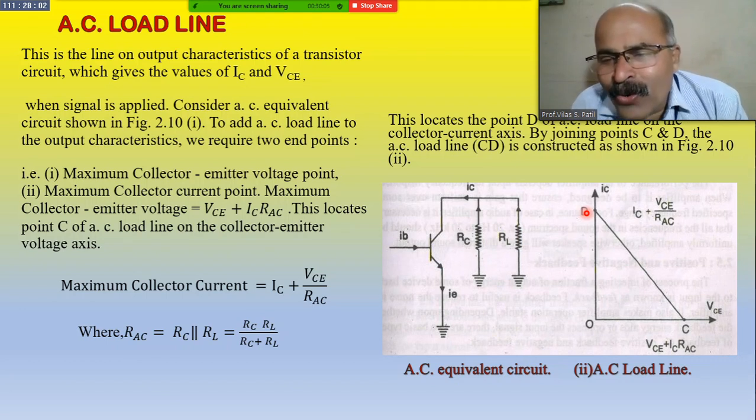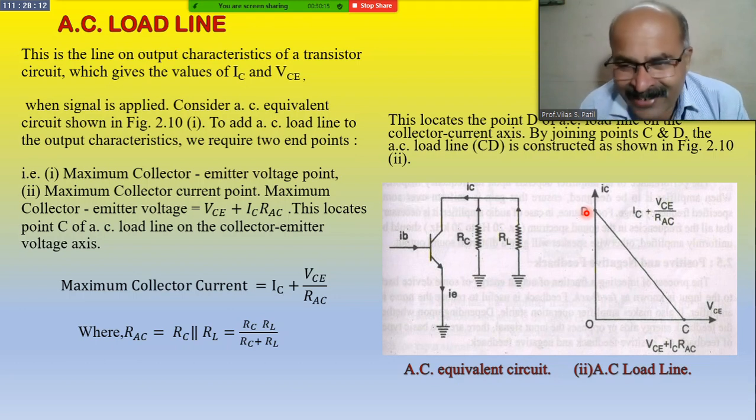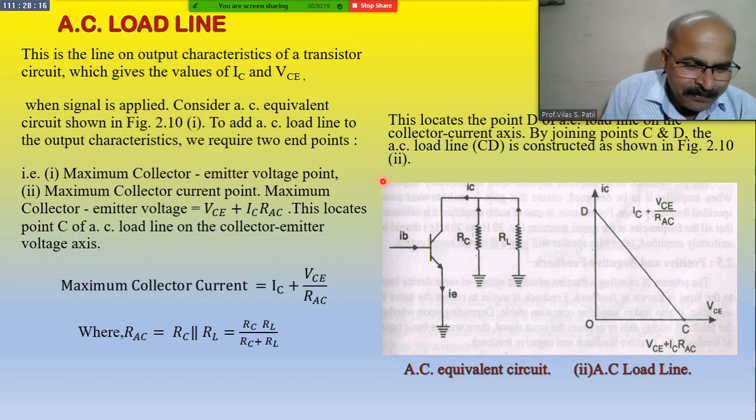Then we are able to draw the AC load line on the output characteristic curve of the transistor using the AC equivalent circuit.